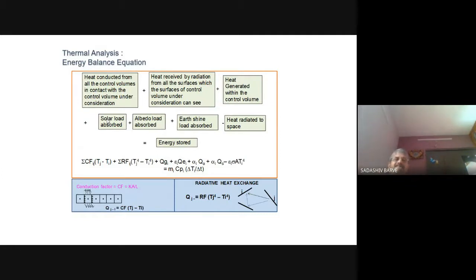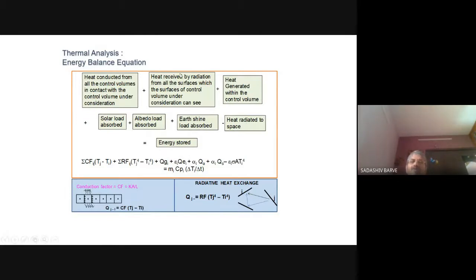If it is an external surface seeing deep space, then you get a certain amount of solar energy, albedo energy, or Earth load energy, provided you are oriented toward the solar direction. And obviously, once it is an external surface, it will be seeing deep space also. It will be losing heat to deep space depending on its temperature.